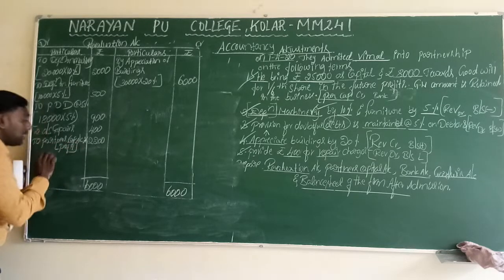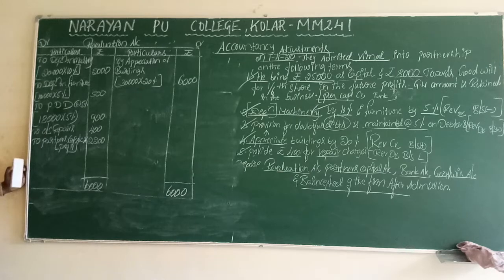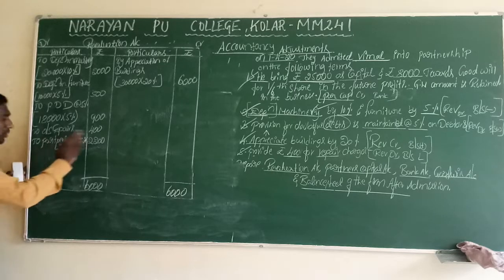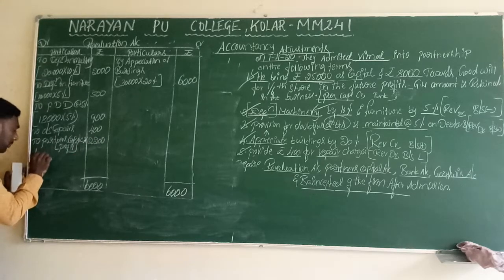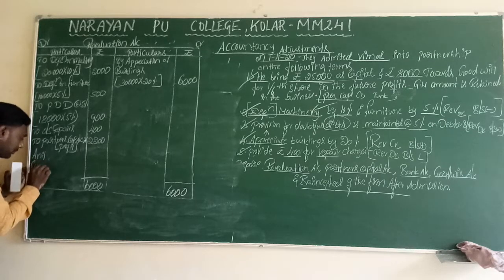Here this profit we have to distribute according to the ratio of old partners, because the entire incomes and expenses belong to the old partners only, not to the new partner. Here the old partners are Anil and Sunil.